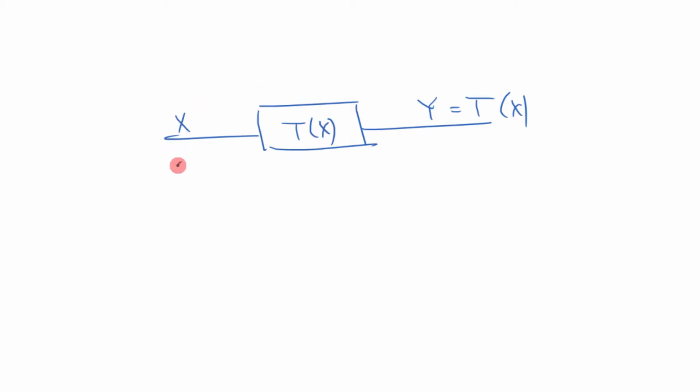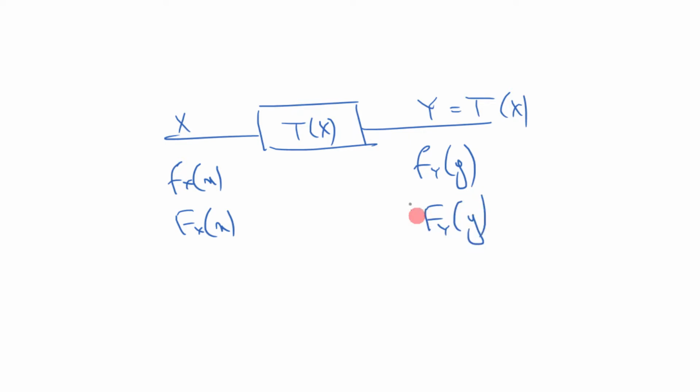Here this x has a density function f_X of x or a distribution function F_X of x, whereas this y is also a random variable and it can be represented by f_Y of y or capital F_Y of y. So this is a transformation that converts your random variable x to random variable y.